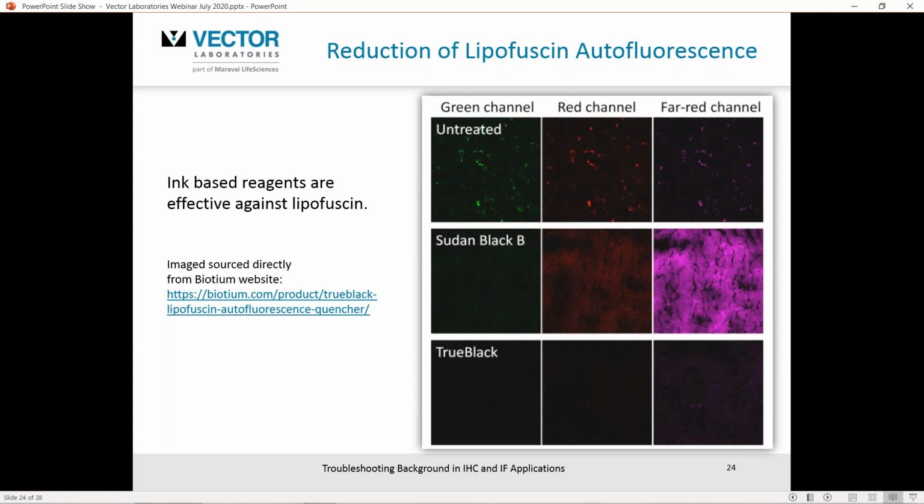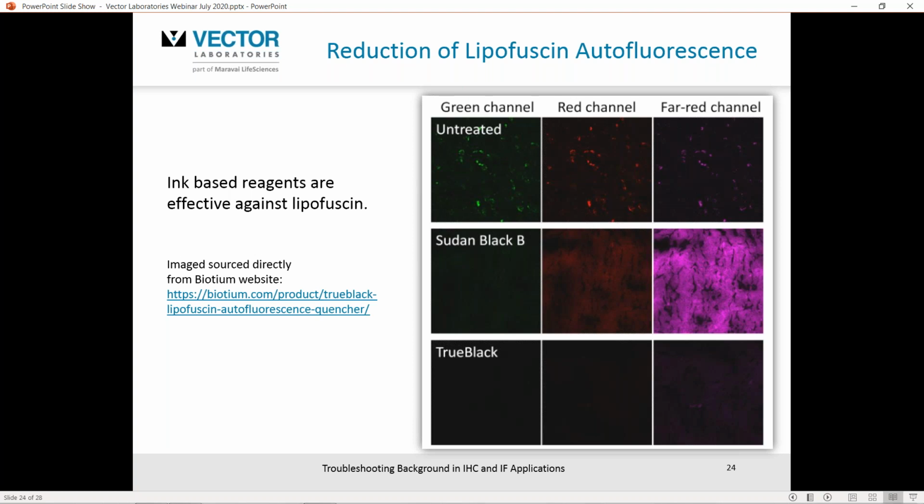And I've taken this image actually from the Biotium website. You can see the lipofuscin has a different look to what you might see with an aldehyde fix autofluorescence or other cellular elements: very punctate, cellular specific. Some ink-based reagents are fine, but they tend to induce autofluorescence in the far red channel.